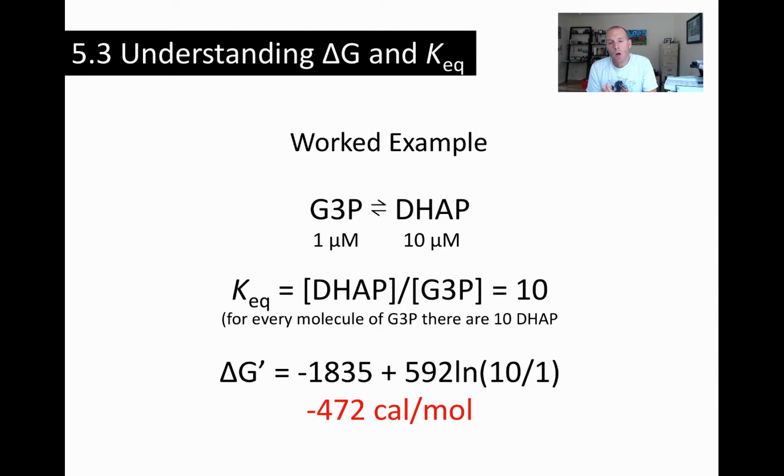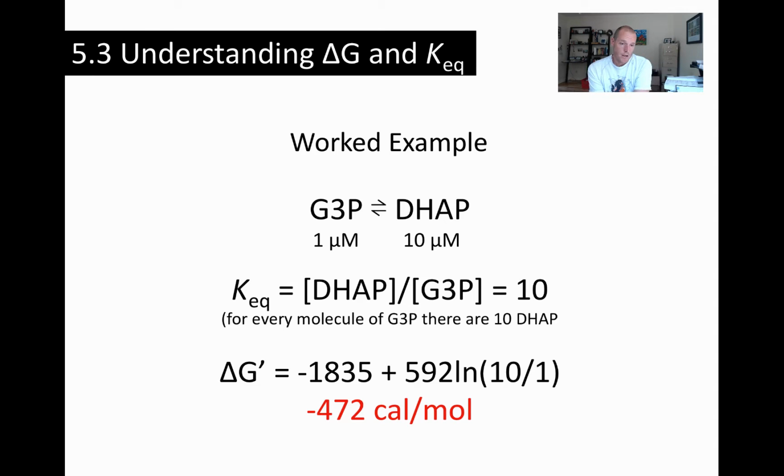So you already know that it is greater than 1, so the products are going to predominate over the reactants, and delta G will still be negative. If we calculate this out, we get delta G prime of negative 472 calories per mole. So we haven't changed the sign of the reaction, but we've changed the magnitude of the free energy change. Free energy is still being liberated here.